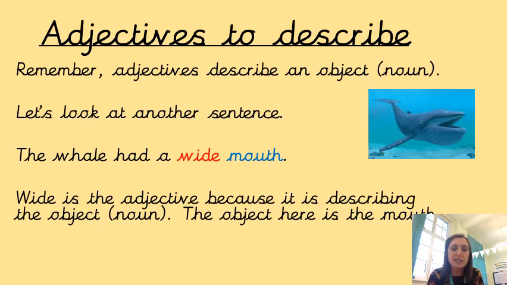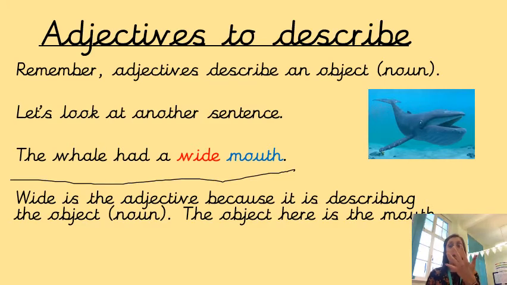Let's have a look at this sentence here. I will underline it. It says, the whale had a wide mouth. Again, we've got six words. This word in red is our adjective, and it is describing our noun, and the noun is in blue. So wide is describing the whale's mouth.